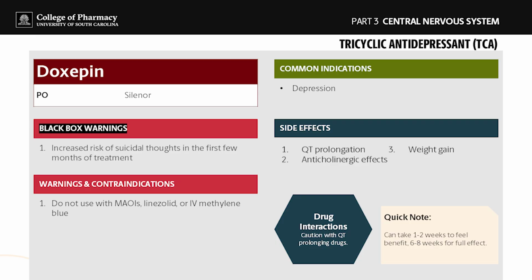Black box warning the same, increased risk of suicidal thoughts. Another TCA is nortriptyline. Notice the triptyline, just like the amitriptyline. Brand name is Pamelor. It is also indicated for depression. Same side effects as the other TCAs. Same precautions. Don't take it with QT prolonging drugs. Takes a couple of weeks to feel the benefit and increased risk of suicidal thoughts.